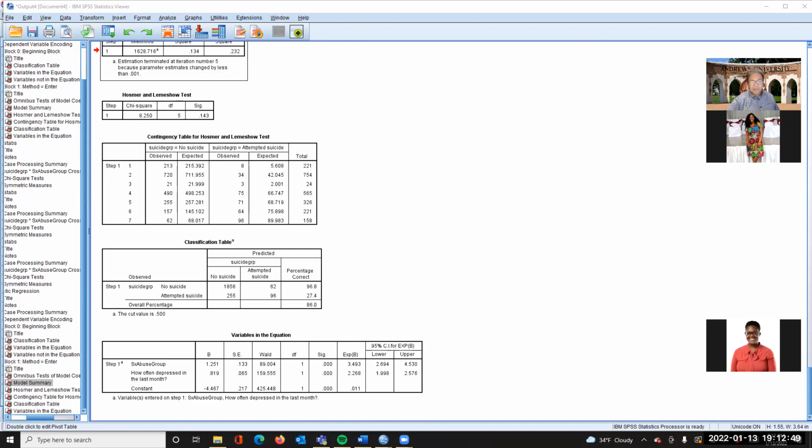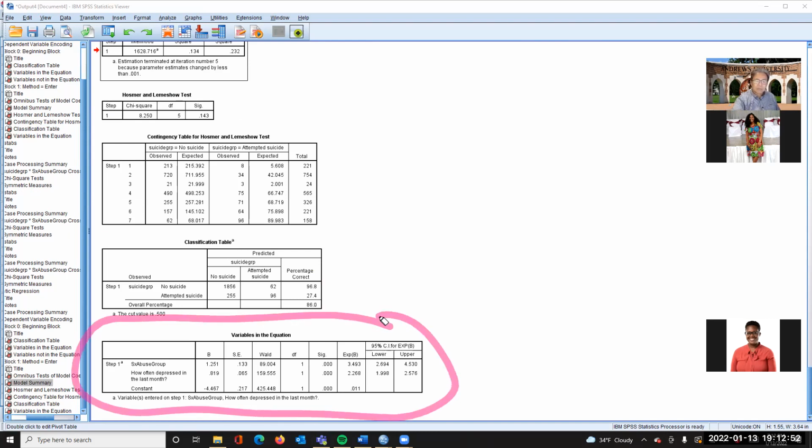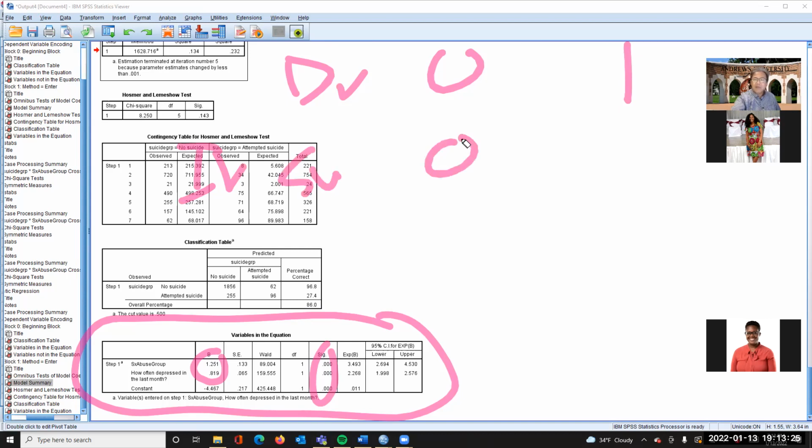Now let's go and interpret the equations. Both of these are statistically significant. You notice that both are positive coefficients, so that means more of one, more of the other. Here the dependent variable is zeros and ones, and the independent variable is your suicide, zeros and ones.